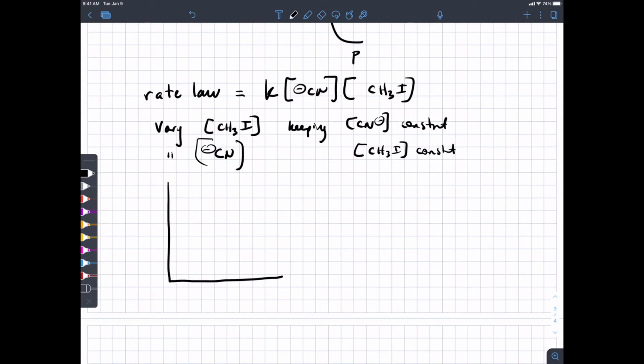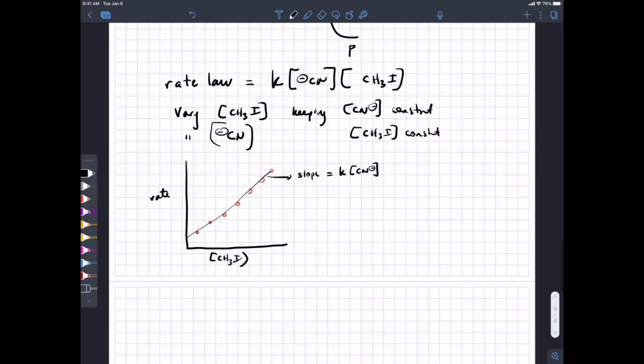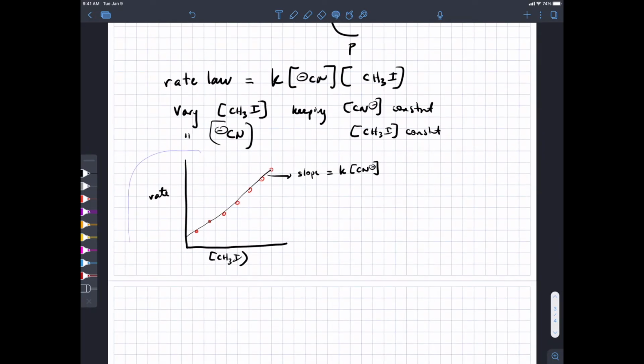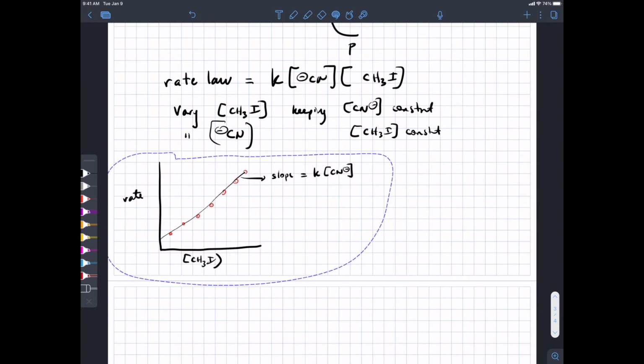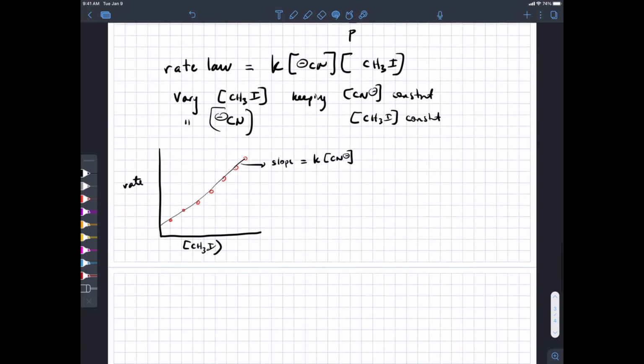So we would predict for rate versus methyl iodide concentration a linear relationship. Overall, we could fit the data, and the slope here would be equal to the rate constant times whatever concentration of CN minus that we're using. And we could do this experiment at multiple concentrations of CN minus and get some good information.